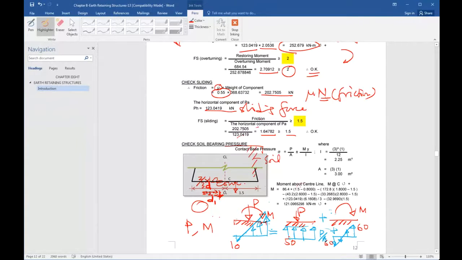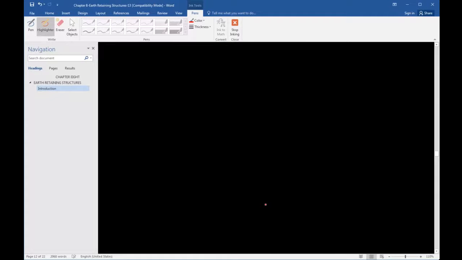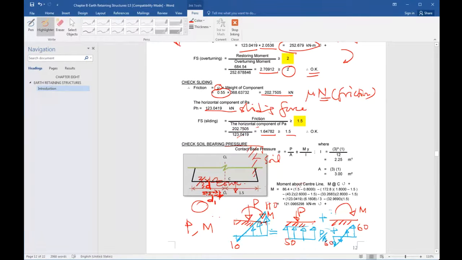But here, what will you get? 60 plus 50 gives you 110. In other words, whenever a section is subjected to an axial force, it gives you P over A.